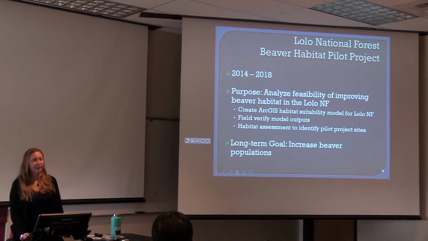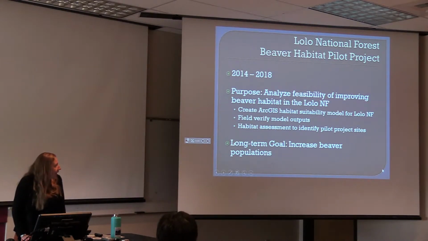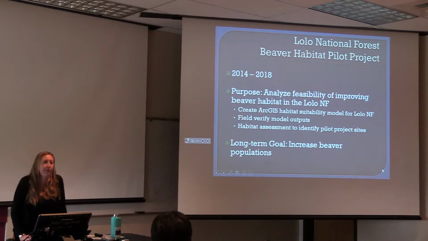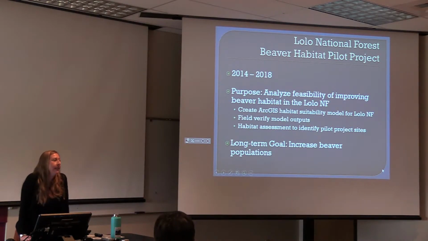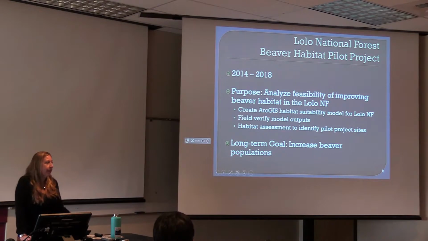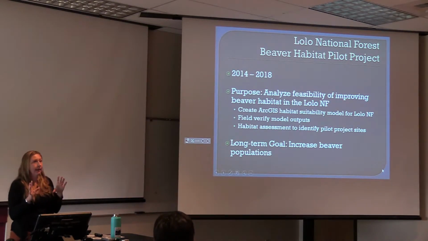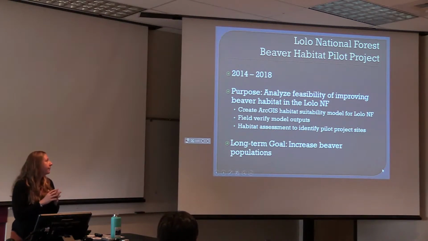So, okay, moving into part 2 of the presentation, I want to talk about the Beaver Habitat Assessment project that we've been working on here at Clark Fork Coalition. It's been a project that started in 2014. At first, we created a habitat suitability model, where we made a model that looked at what areas of the Lolo National Forest had the best habitat for beaver.